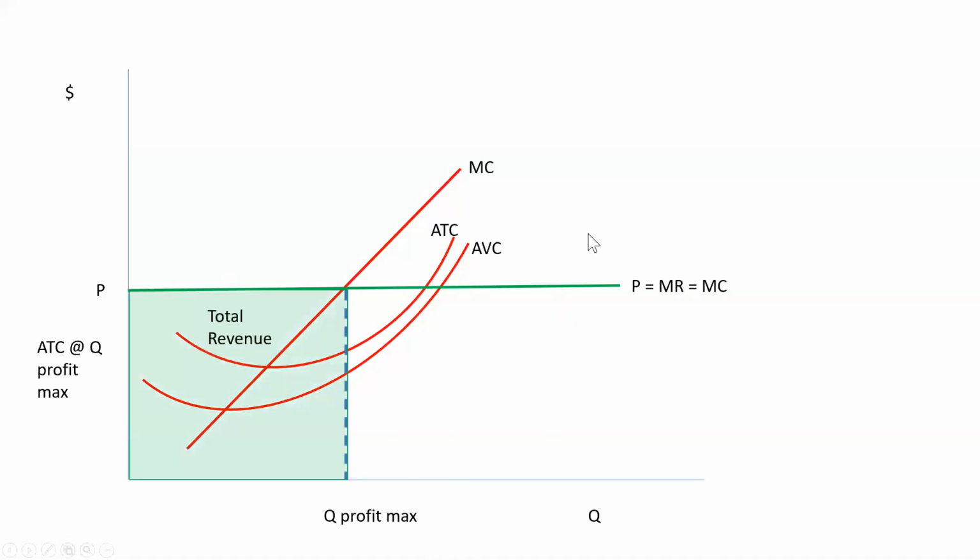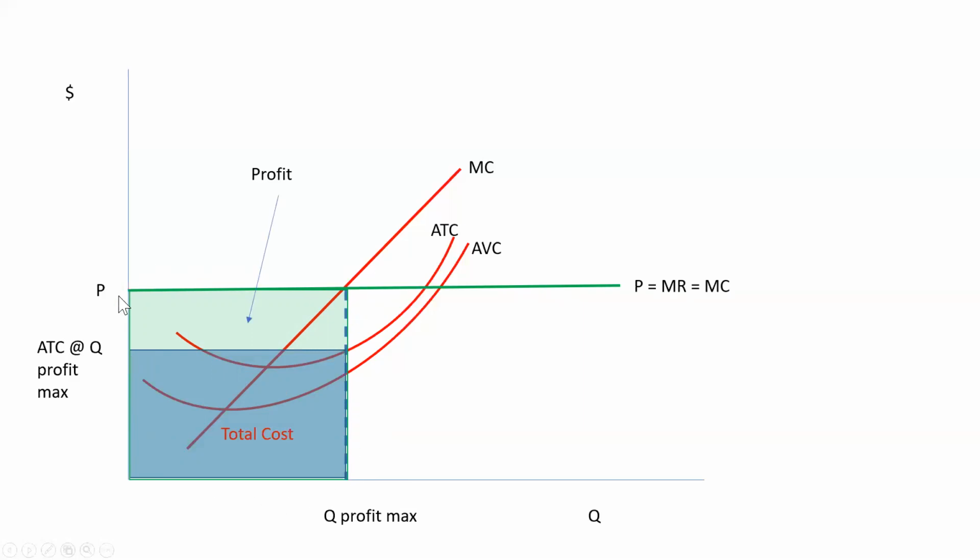Now the firm's total revenue at the profit maximizing quantity is going to be the quantity times the price. So P times Q gives us our total revenue, represented by the area of this rectangle here. The firm's total cost is going to be the average total cost per unit times the number of units.